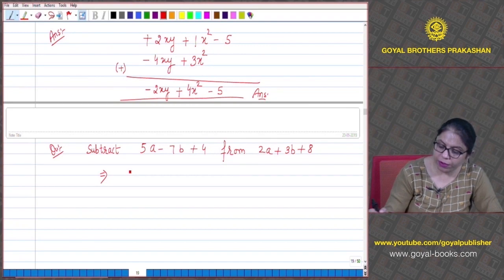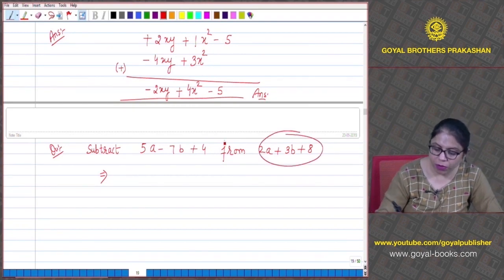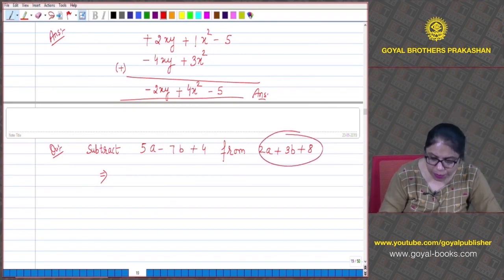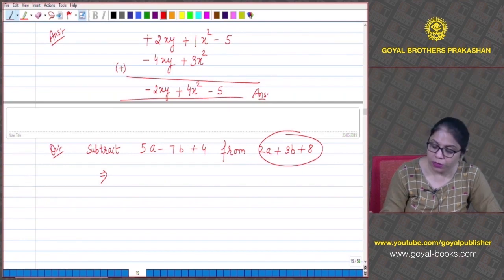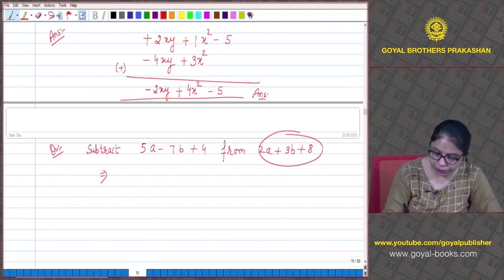First of all we will write this expression, because we have to subtract the other from this. In case of subtraction, always write first the expression which comes after the word from. 2a plus 3b plus 8.